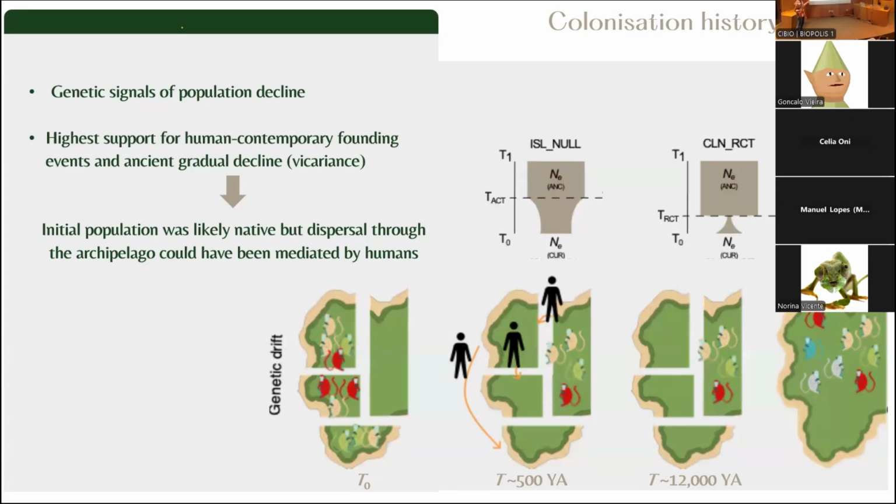So after around 12,000 years ago, they got isolated, with a reduction in population size, and then after the arrival of humans, up to 500 years ago, there were some potential movements of these populations between the islands. And again, we know that they are boreal, so there could have been a human hand behind it, because this was a very important place for trade at that time.